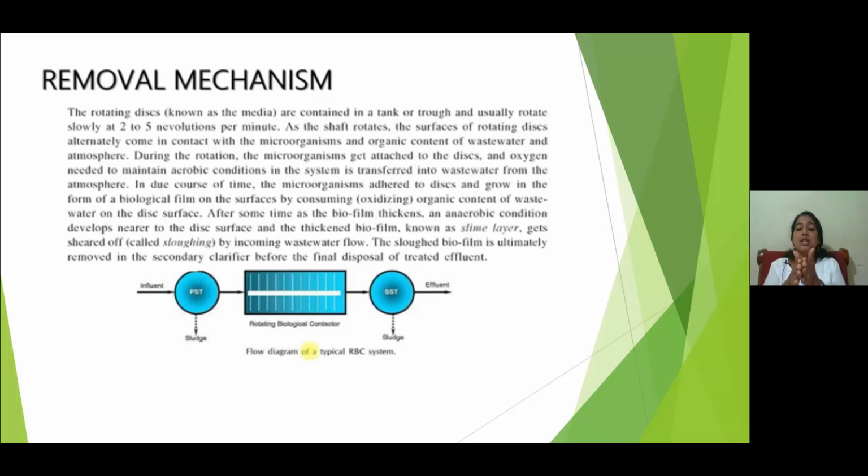And again the biofilm will be thickened, and at this stage the aerobic process predominates, and after the biofilm is thickened, then anaerobic conditions persist, and these anaerobic conditions will lead to sloughing, that is the tearing or shearing of this biofilm from the surface of the circular disc, and these sloughed biofilms will be collected in the clarifier tank.